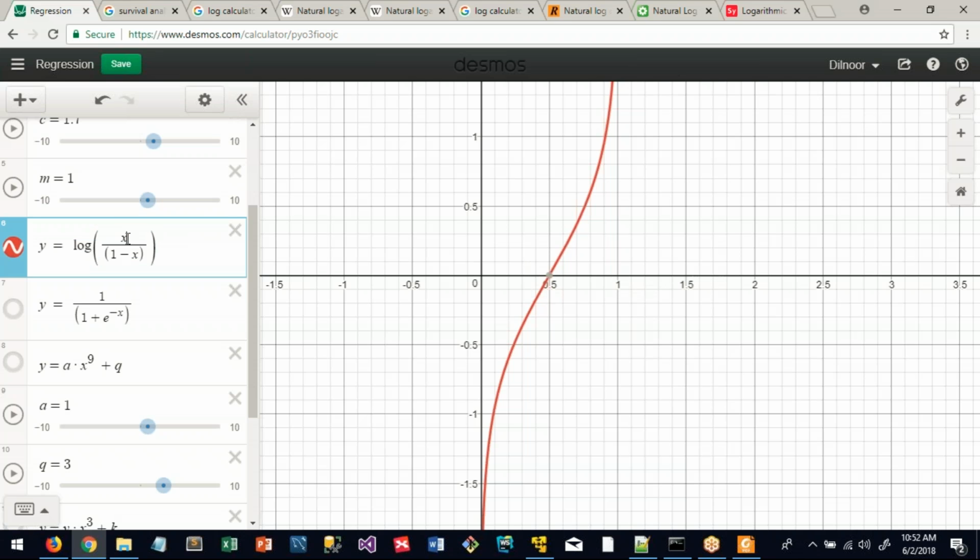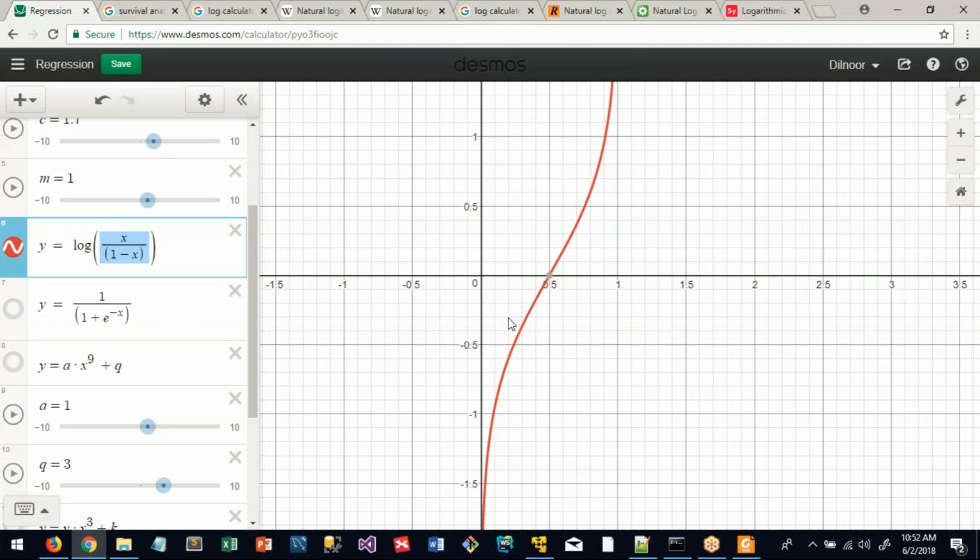You also cannot use values of x which are less than 0, because if you choose values of x less than 0, again the outcome of this equation, x divided by 1 minus x, becomes negative. So if we choose minus 3 here, it becomes minus 3 divided by 4, since 1 minus of minus 3 is 4. Minus 3 divided by 4 is minus 0.75. Again, you cannot calculate a logarithm of that. This is the reason the x values will never vary out of 0 and 1. It can only vary between 0 and 1, where it yields a positive number.